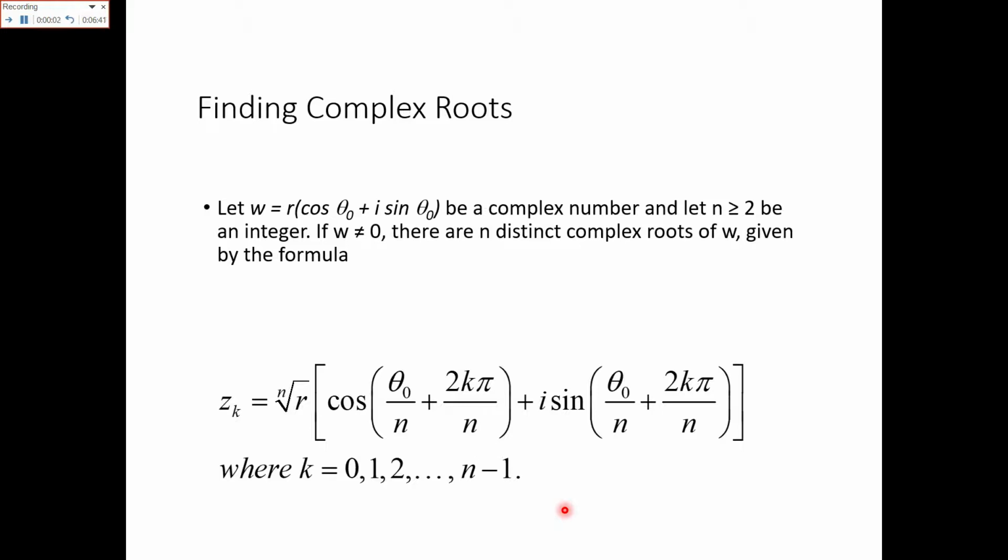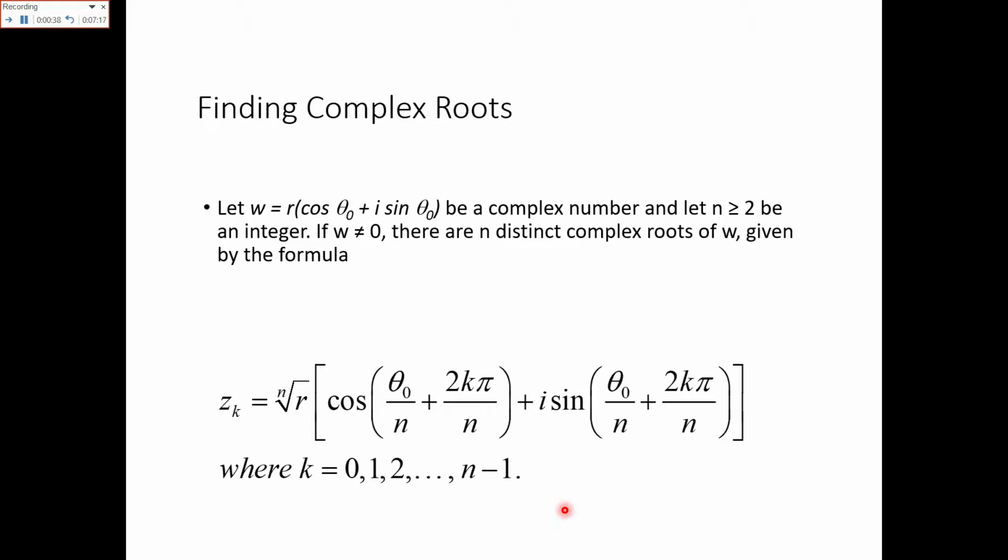Now finding the complex roots of complex numbers. This is basically an extension of de Moivre's theorem. If w is a complex number in polar form, which is equal to r cos theta naught plus iota sin theta naught, and n is an integer greater than or equal to 2, and if w is not equal to 0, we have n distinct complex roots of the given equation.